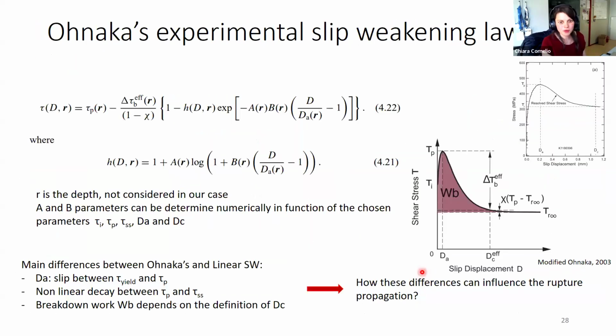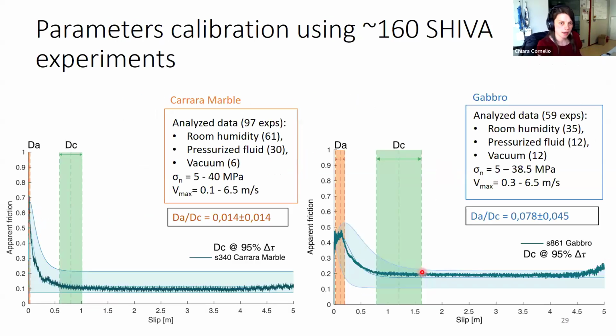first of all, what we did was to calibrate the Ohnaka friction law using, again, the database that we have on SHIVA. This time we used 160 experiments. Most of them, almost 100, were performed on Carrara marble and 59 on gabbro.